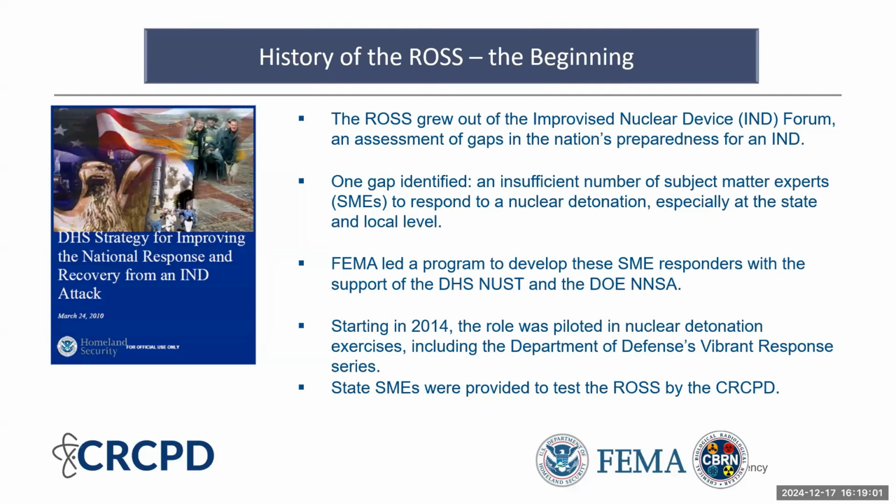And this gap of state and local subject matter expertise was addressed by the development of the ROS. And that occurred in the late 2000s into 2014, when CRCPD got involved.